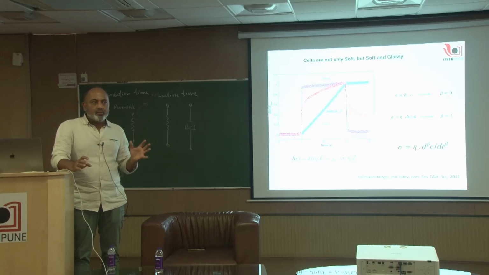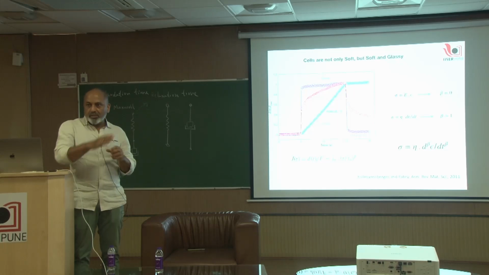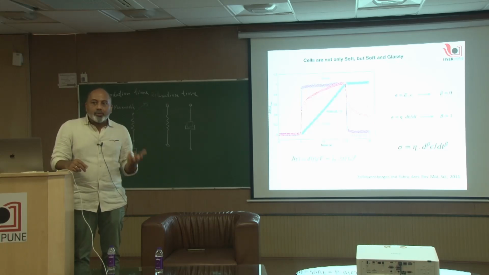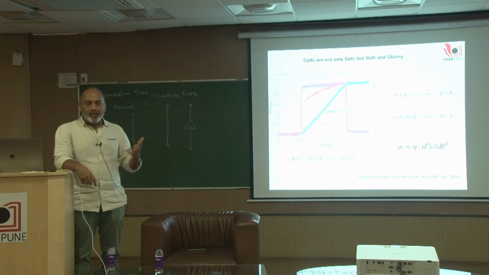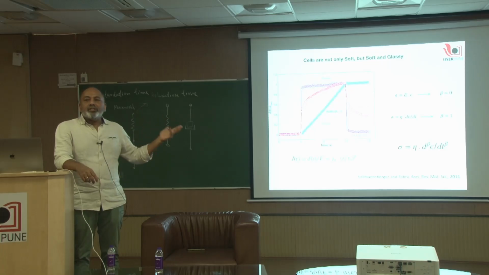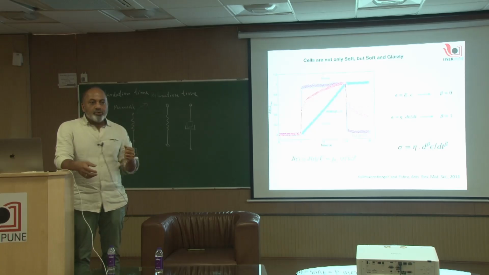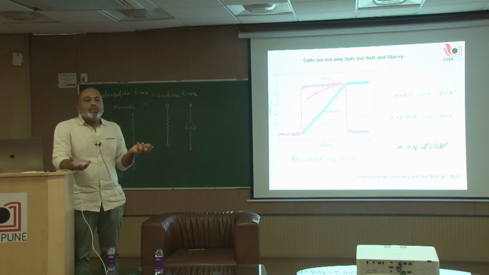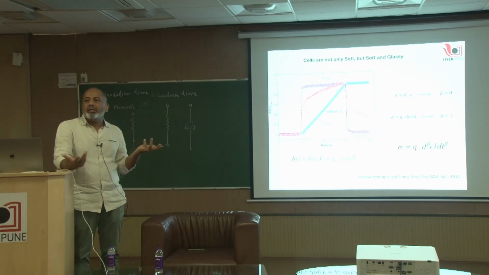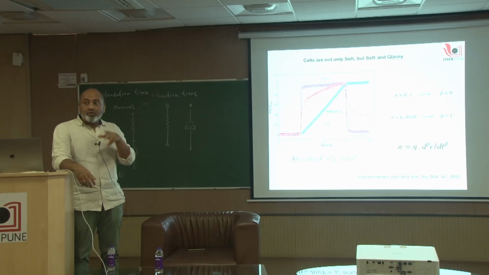It doesn't matter what scale you are trying to look at. An exponential on the other hand, e raised to minus x, the one that is falling exponentially, is not scale free. It has a characteristic decay length. Like the exponential distribution that Sabyasachi talked about yesterday, the average time or age, the survival probability turns out to be the decay length of the exponential, and we don't worry about it. But power laws are not like that.